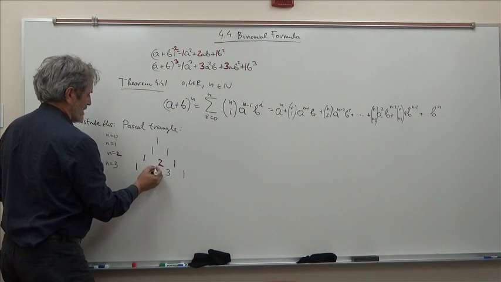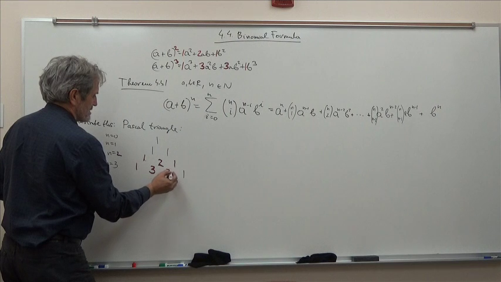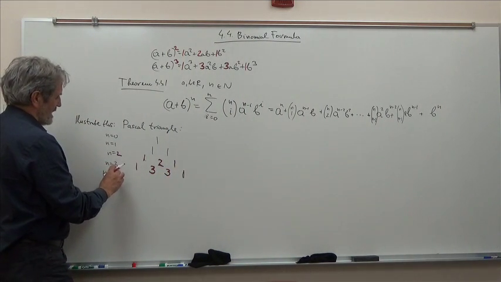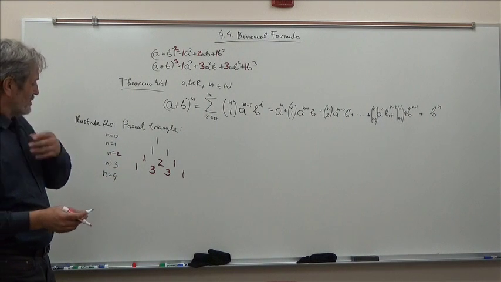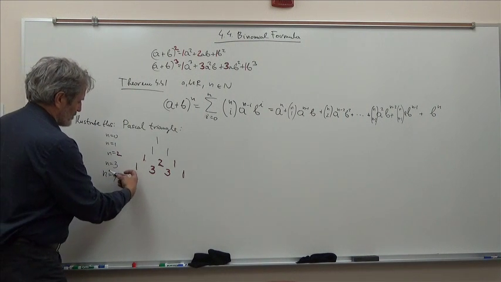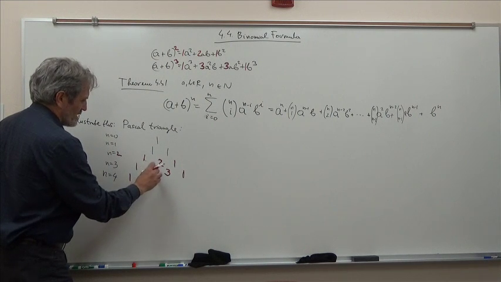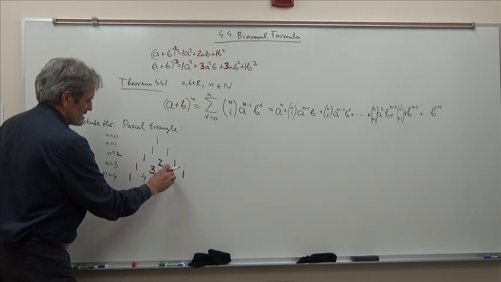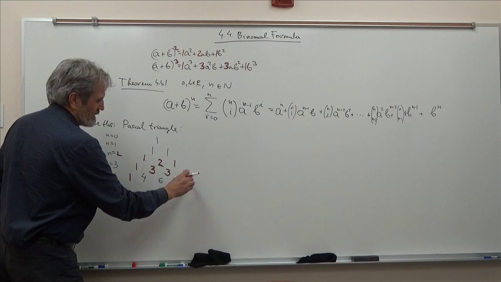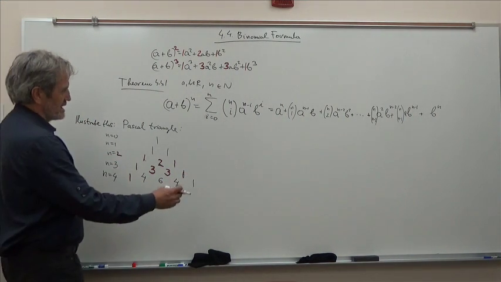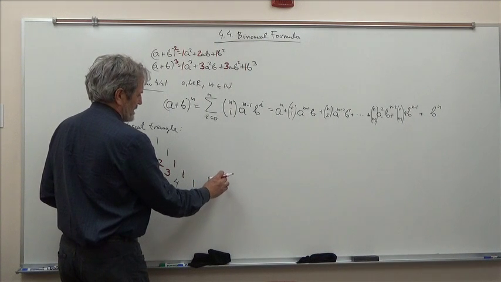Here they are, 1, 3, 3, 1. So for example, if I need the fourth power, I don't need to calculate all these combinations. I put a 1 in front. Here I add 1 and 3 is 4, 3 and 3 is 6, 3 and 1 is 4, and then 1 at the end.